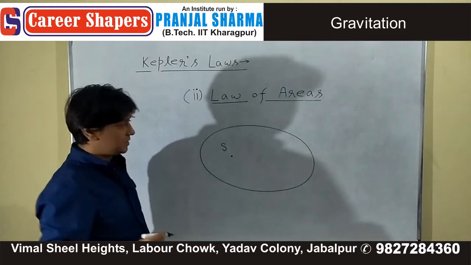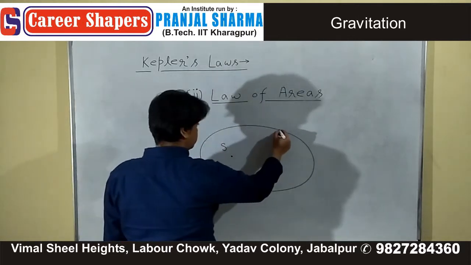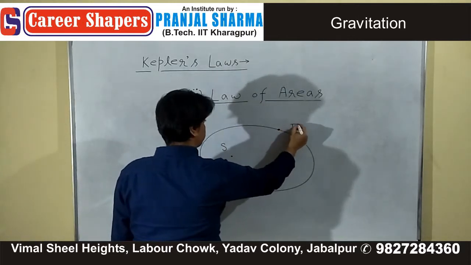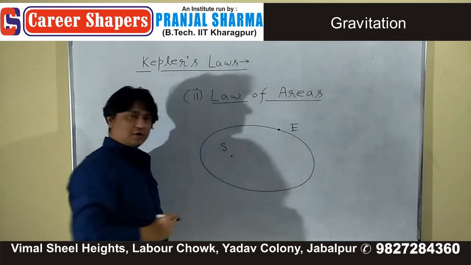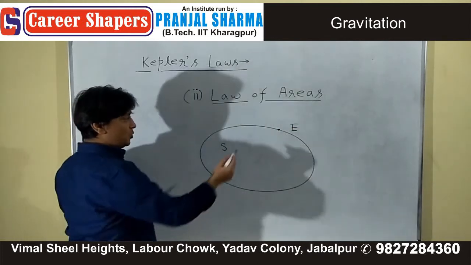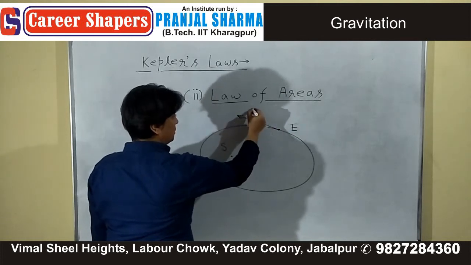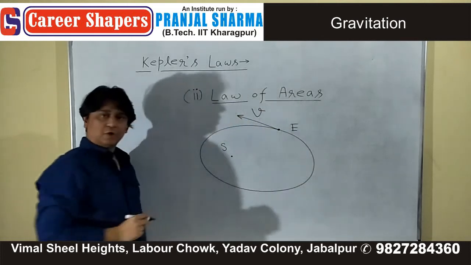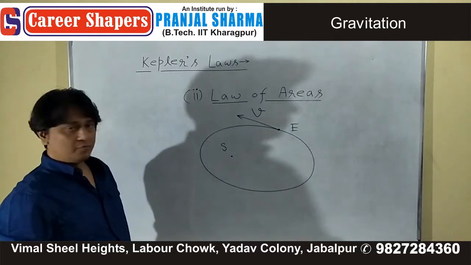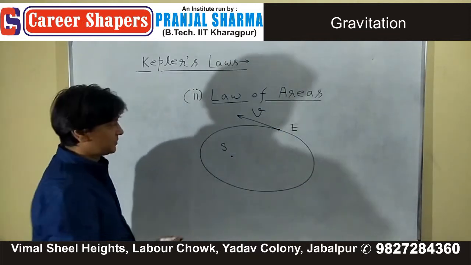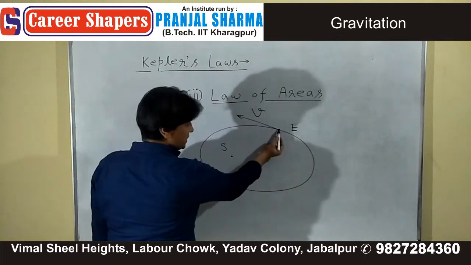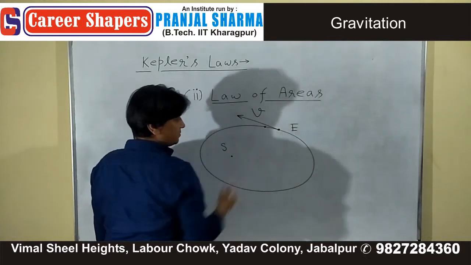What is radial vector? Suppose Earth is present at this point. If Earth is present at this point and is moving in this direction with velocity v, then after some time Earth will be present at this point.